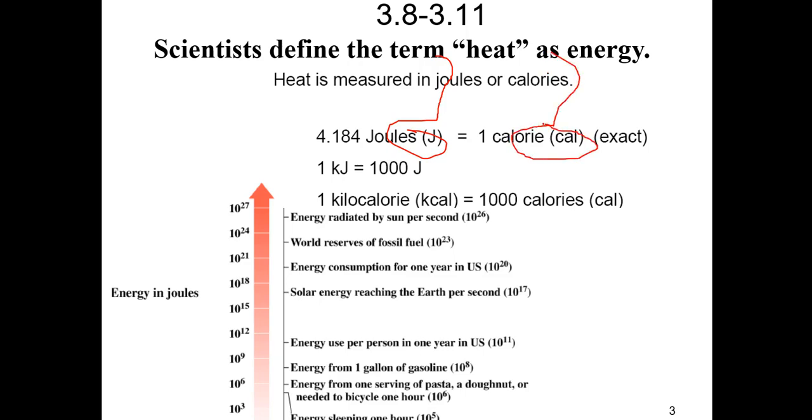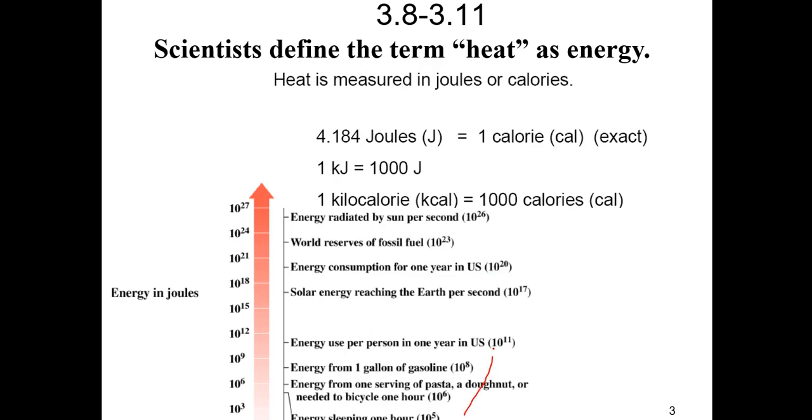Chemists love using joules, whereas nutritionists love using calories. These are interchangeable. 1 calorie is equal to 4.184 joules. If I have the prefix kilo in front, that means 1,000. So 1 kilojoule is 1,000 joules, and 1 kilocalorie is 1,000 calories.